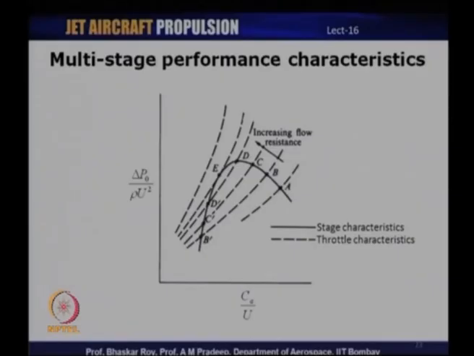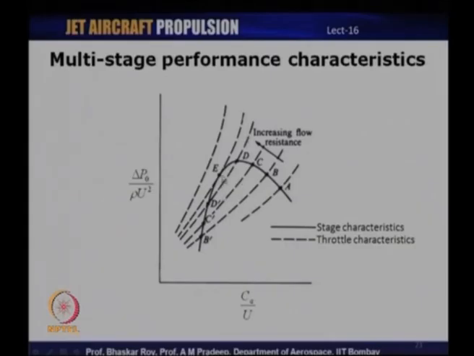As the flow moves from the downstream stages to the upstream stages, there is a decrease in pressure downstream as compared to upstream, and then this continues in a cycle leading to rapid fluctuations in the flow back and forth. So this is what leads to what is meant by surge, wherein there is a violent oscillation of mass flow back and forth, and something that can be explained using the stage characteristic and the throttle characteristic.